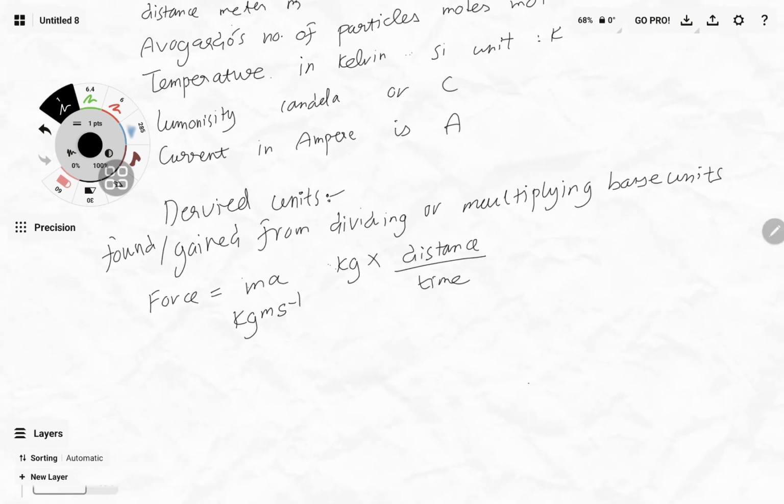You will have a certain derived quantity, and you may be asked to find the SI base unit form of it. That could be a question, but my knowledge is kind of weak there, so we'll not talk about that right now. So in SI base units, force is ma, kg multiplied by distance over time squared.